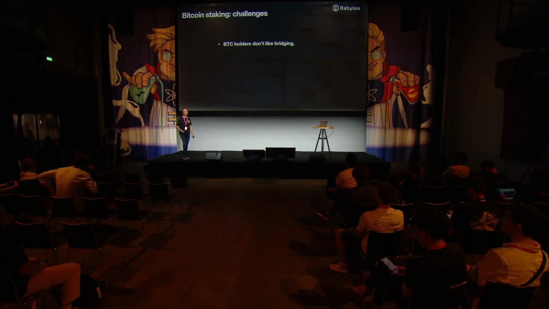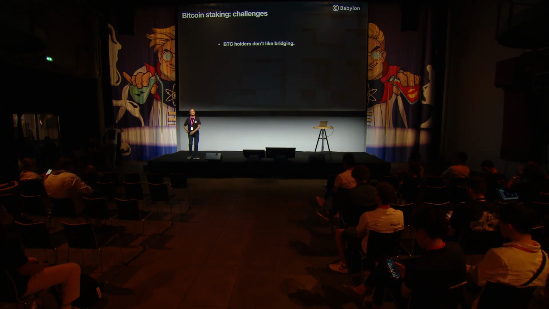If you have no bridging, then you are hoping that the BTC chain will provide enough wisdom to allow you to implement slashing. Remember that slashing is important, which means that if there are bad things happening on the proof-of-stake chain, the Bitcoin sitting on the Bitcoin chain has to be slashed. Now, if Bitcoin had a smart contract, this could be done in a similar way as in mesh security.